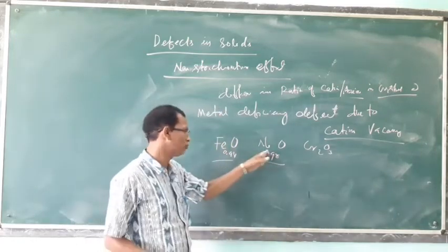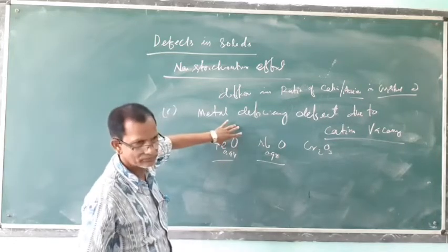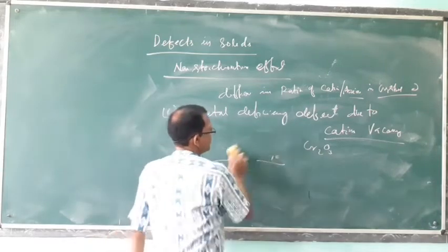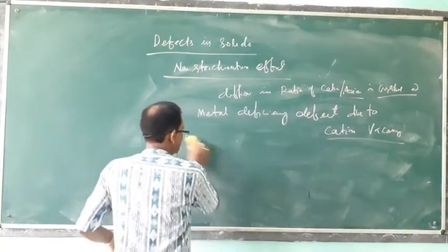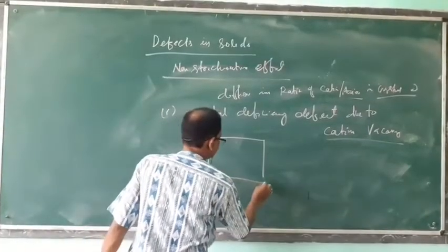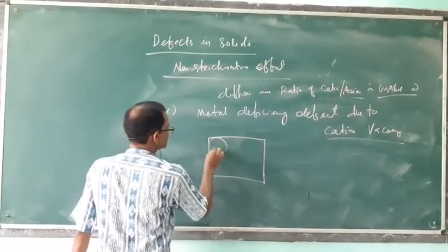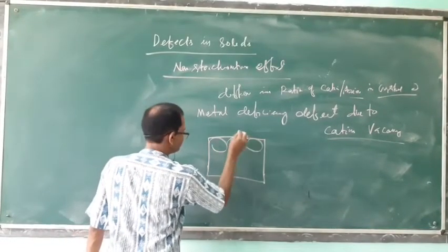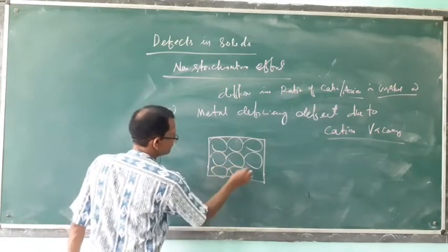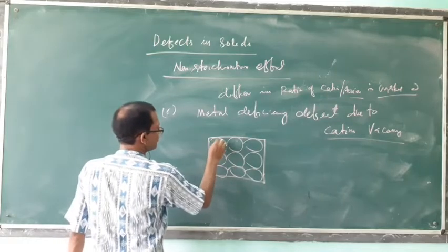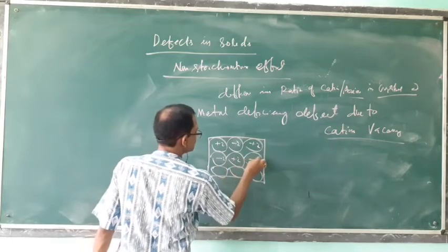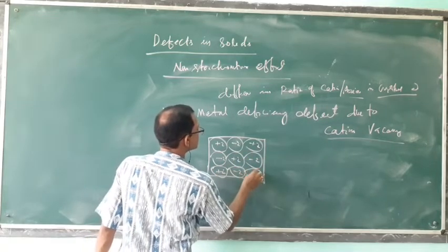How will it be formed? When it shows a defect, the formula changes. For example, this is the formula of iron oxide, +2, -2, +2, -2, +2, -2, like this.